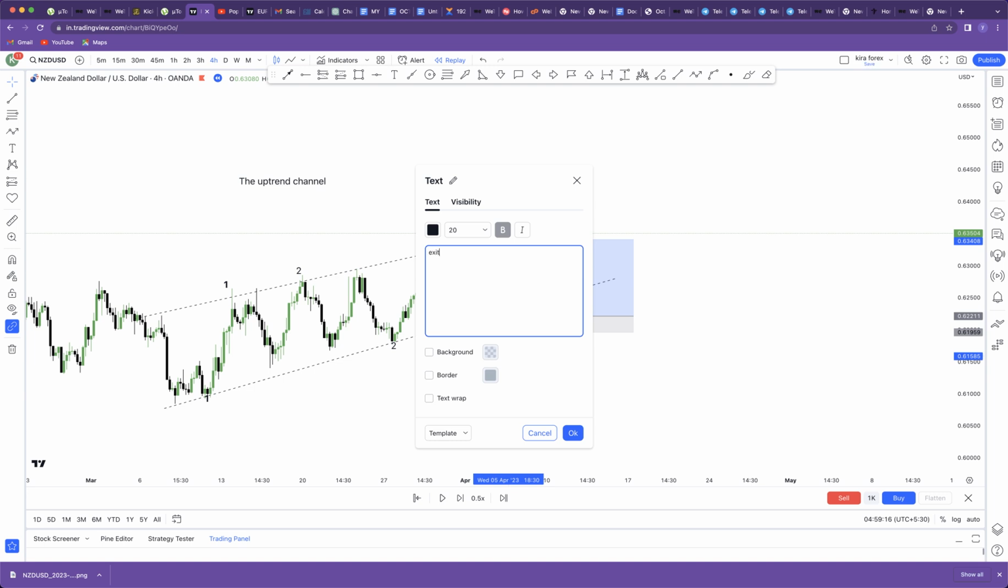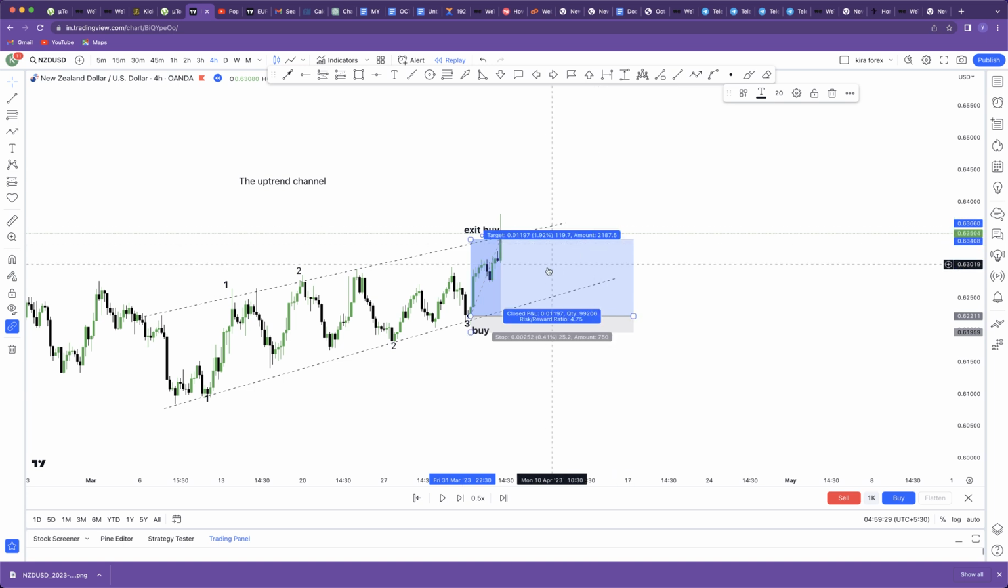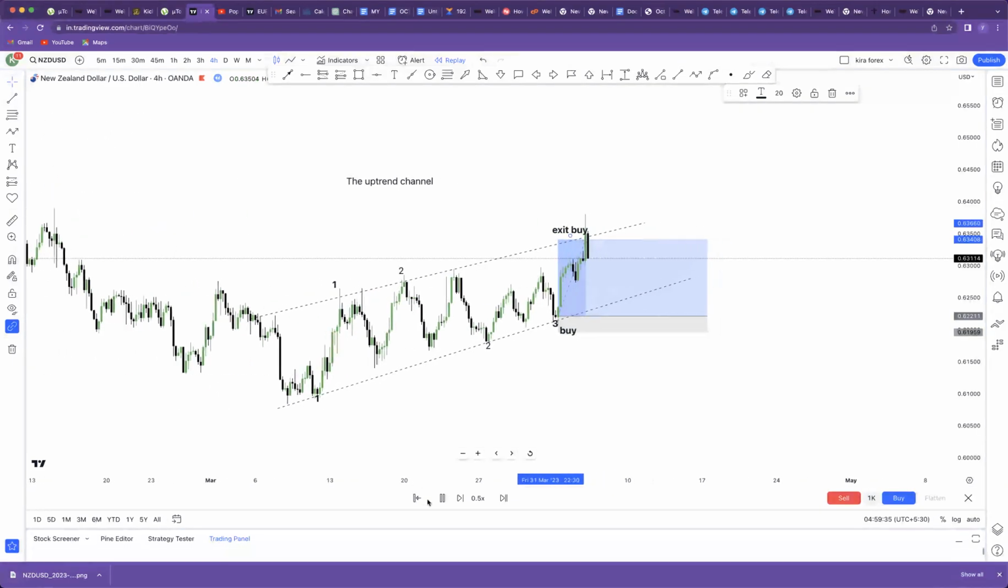So let me type the exit for you to understand it clearly. Exit buy. Where the exit buy is, that is where we are going to take our sell. So let's see the reaction of price around the resistance level.